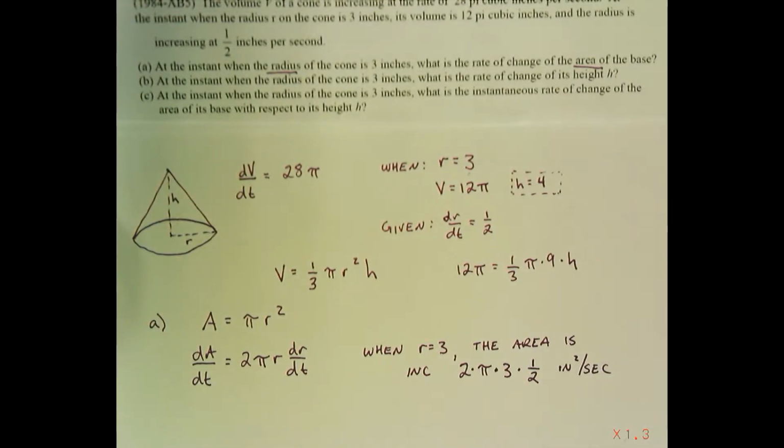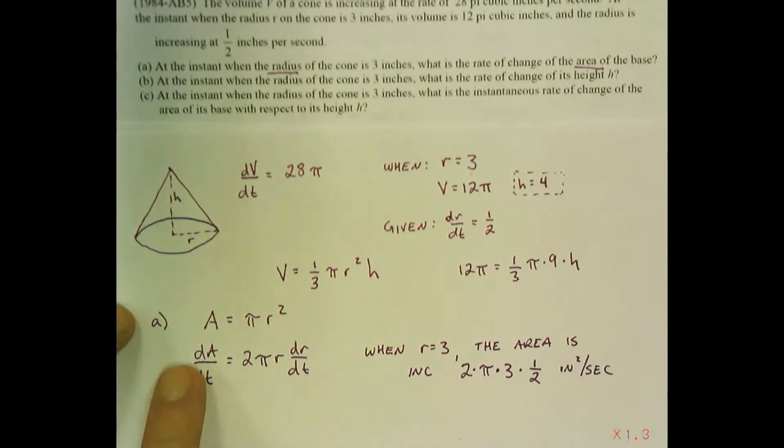And if you do some simplifying here, the 2 and the 1/2 cancel each other out, and the area is increasing 3 pi inches squared per second. The unit of area is square units, so that's why it's inches squared.